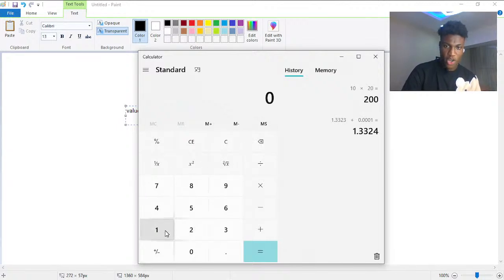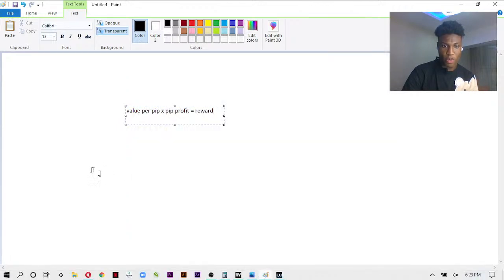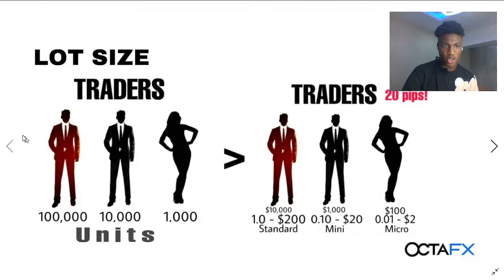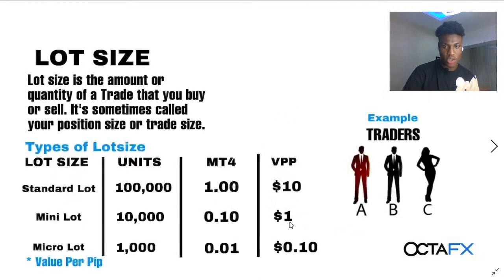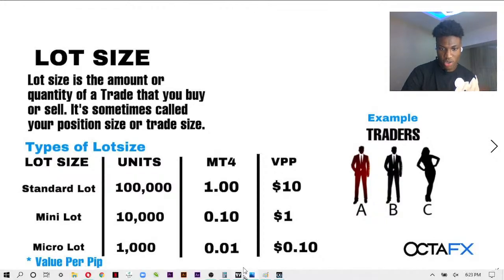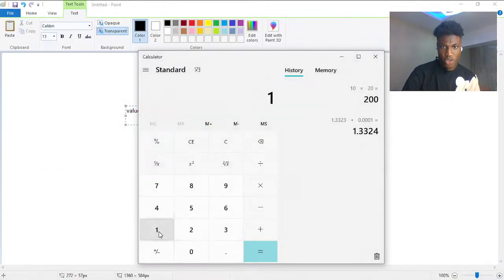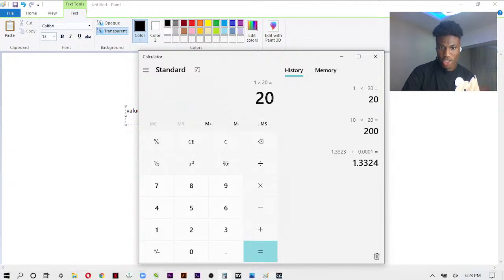Now the value per pip for a mini lot is $1, which means every pip move is valued at $1, right? So value per pip is $1 multiplied by the 20 pips he wants to make in profit. Result is $20. That is going to be his reward on that trade.